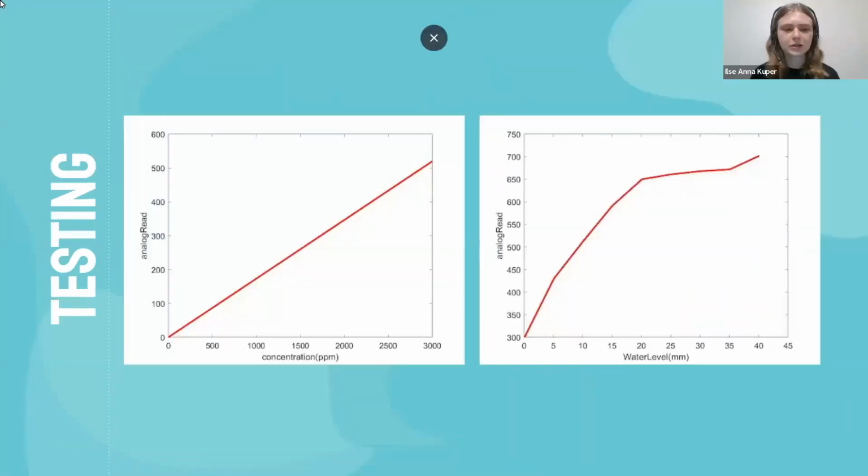Thank you, Ryan. So basically for testing, we tested the TDS sensor and a water level sensor. The TDS sensor was for checking how much metal was in the water. We tested this by putting small amounts of salt into water to simulate the heavy metals, and we found that the readings were pretty accurate and fairly linear, but the problem was that the threshold for the readings was really low.